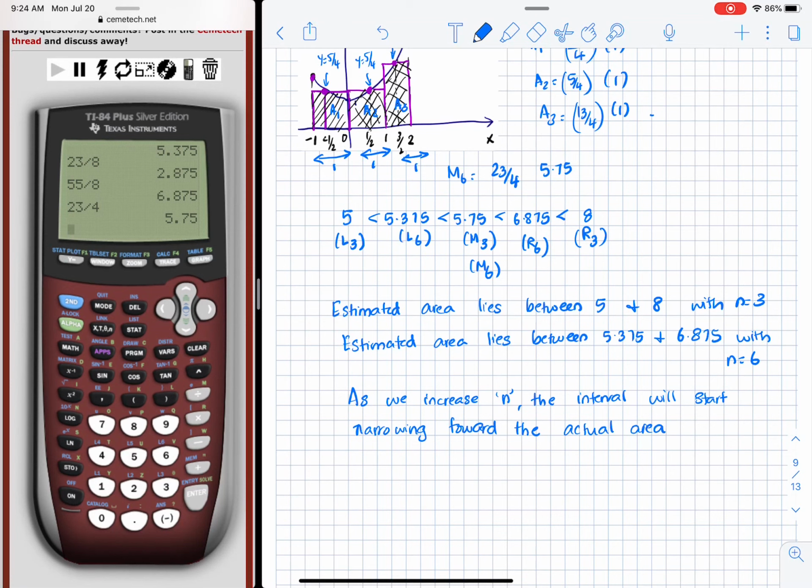So if n approaches infinity, eventually it's going to squeeze further and further and further and get to the exact value of the area. And that is what we would expect to see.